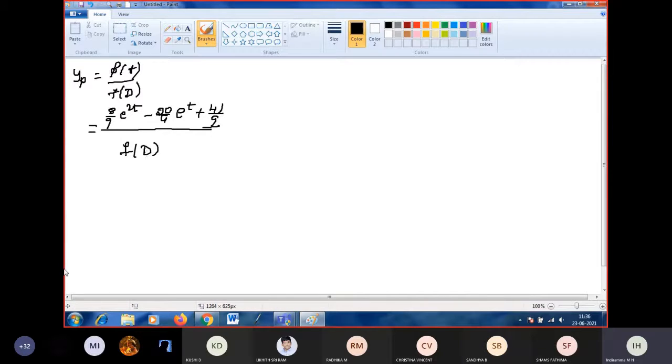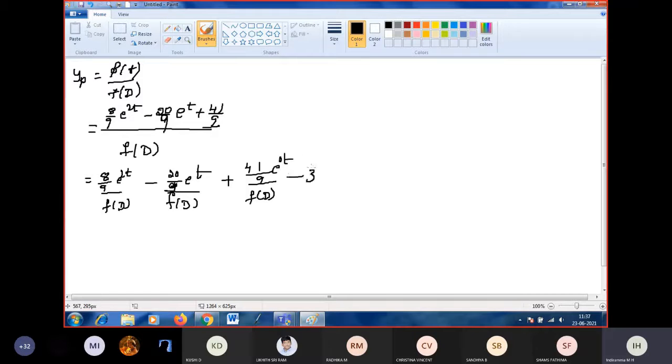Now we have to split the numerator. 8 by 9 e power 2t by f of D is one term, minus 20 by 9 e power t by f of D, plus 41 by 9 e power 0t by f of D. You call this equation number 3.